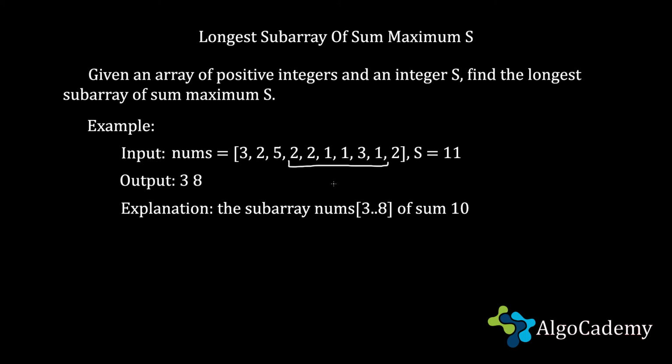When you have to find the most something, subarray or element or stuff like that, one brute force approach is always to try out each and every one of them, right? So this is what I'm going to do. I'm going to try out each and every subarray from the array nums, and of course, among all of the subarrays, only some of them are going to have the sum at most s, and from those ones, I'm going to select the maximum length one.